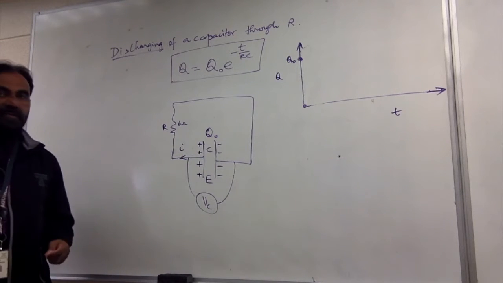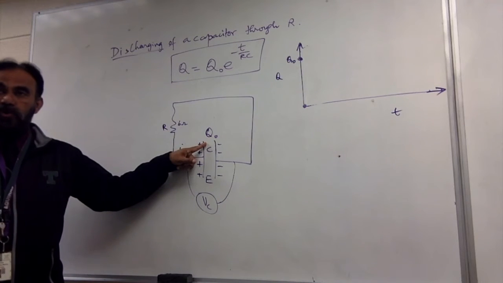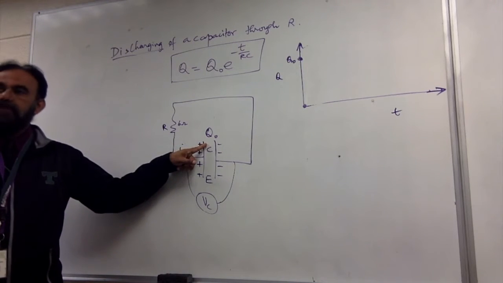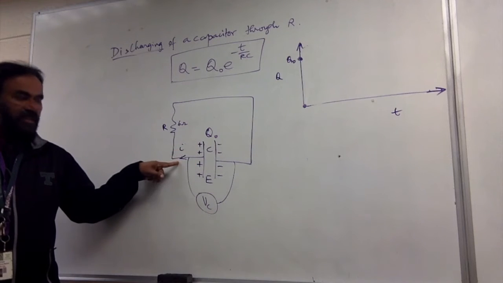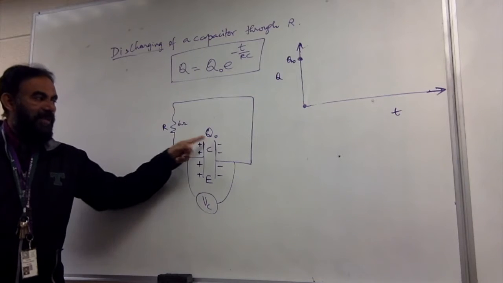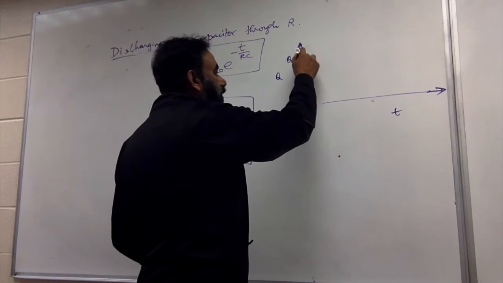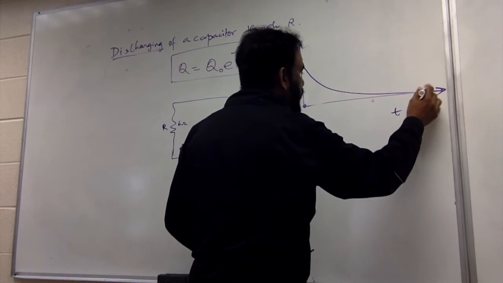This is a current that does not make the charge grow, but makes it decay. This current is not a charging current, it is a discharging current. It makes the Q naught go from high to low. So this is the discharging current, charge.